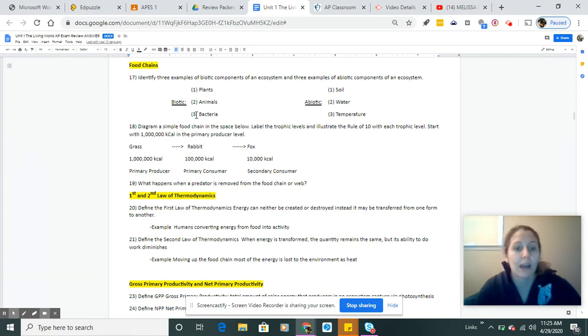And that means that the rabbit's only going to get 100,000 kilocalories from eating the grass. And then by the time the fox eats the rabbit, it's only going to get 10,000 kilocalories because it's, again, another 10%. So as you move up the food chain, energy tends to get lost as heat. And I think that's a really, really big thing to know.